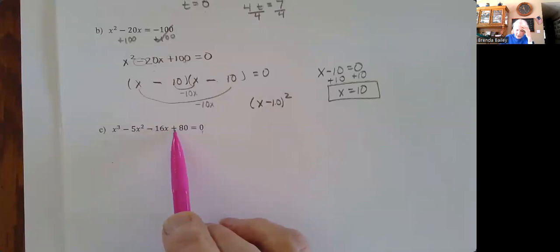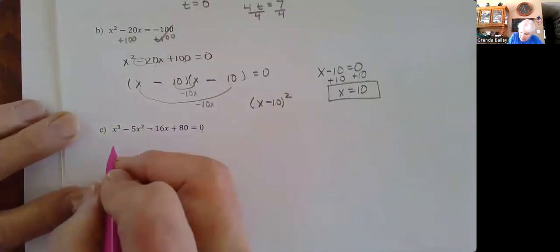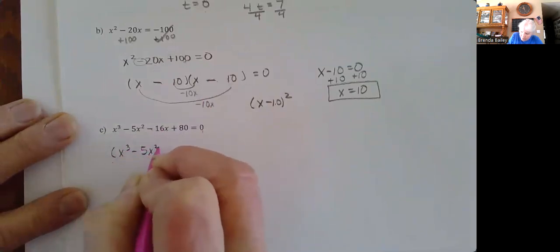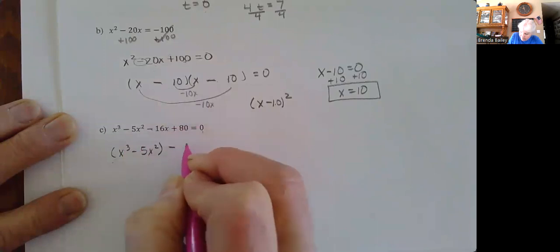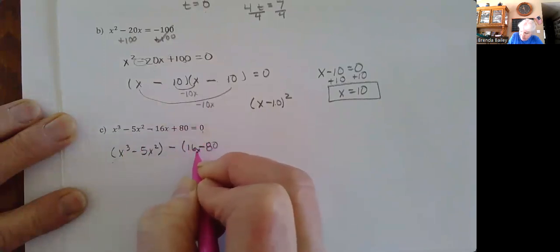So in your final answer, you'll have a negative there. If that were a plus, you don't change the sign. You just group them. So here we've got x cubed, and you do this when you have the 4 terms. Oh, forgot the x, but I'll stick it in there.